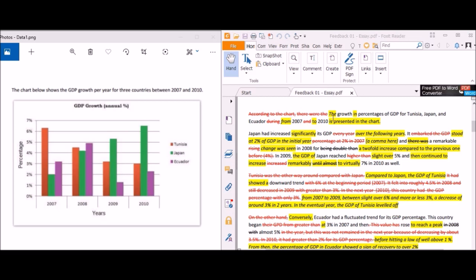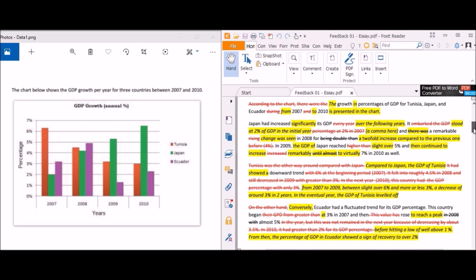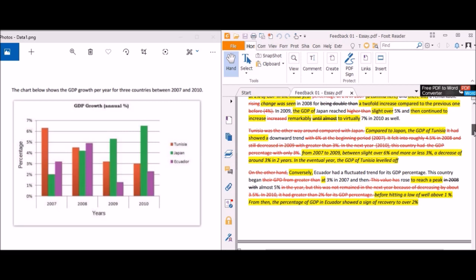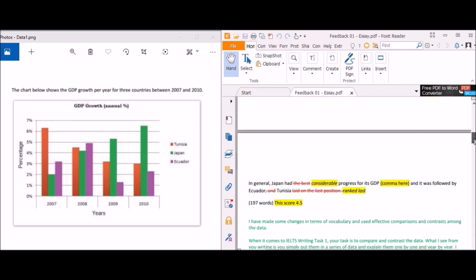And on this right side there are a lot of cross lines, maybe in English. This is my first try to write this data, and this was examined by my teacher. You can see that I made a lot of mistakes at my first try.